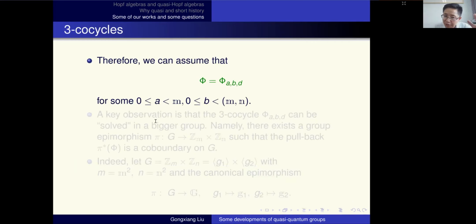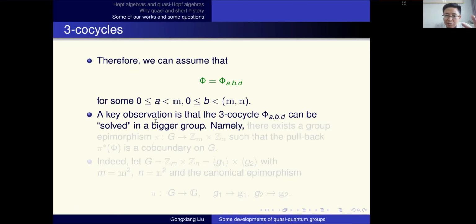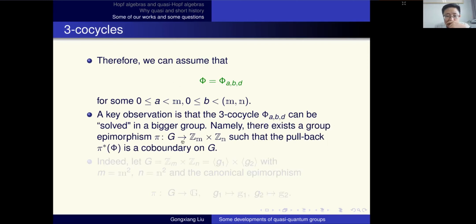And a key point is we can construct a bigger group than the original G. We can take a big group and form a surjective morphism. If you take this surjection, you can pull back the 3-cocycle from this group to this group.